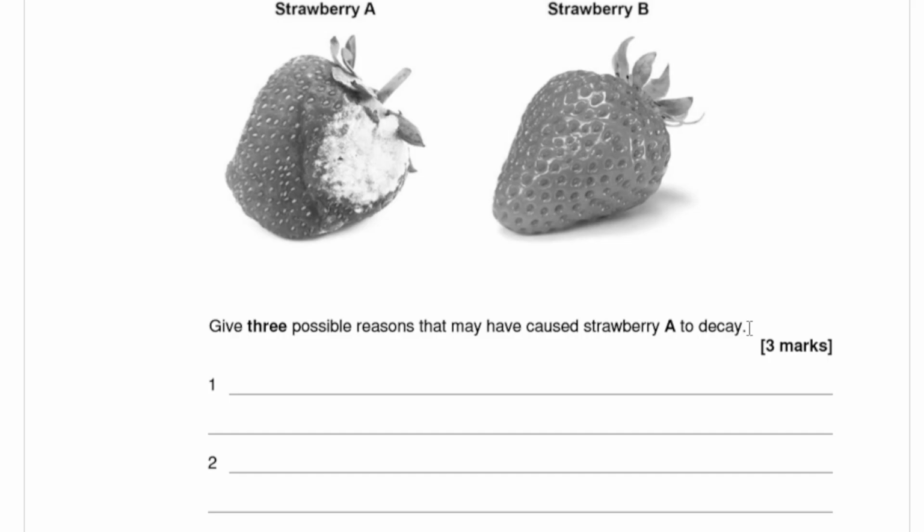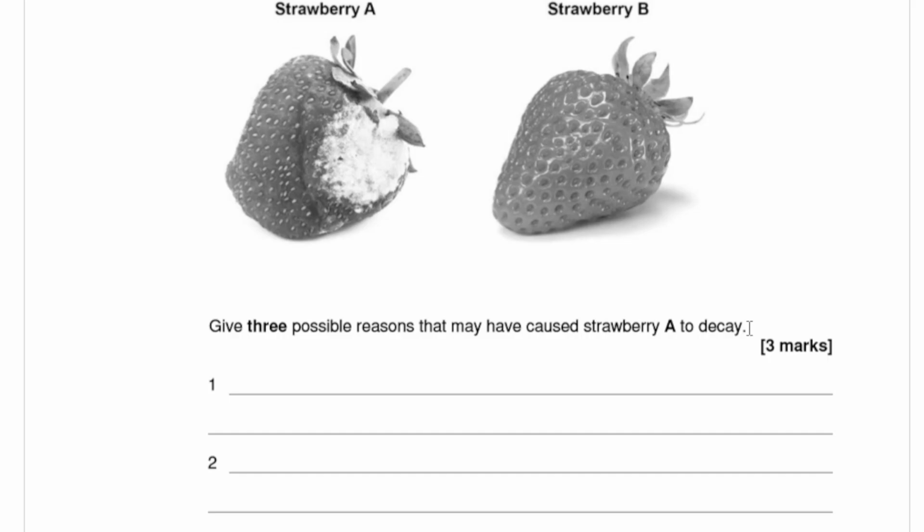Now, remember the conditions for decay: adequate temperature, moisture or water, and the availability of oxygen. So, if you deprive any of these factors, then you would delay or slow down the process of decay. So, why did strawberry A decay?